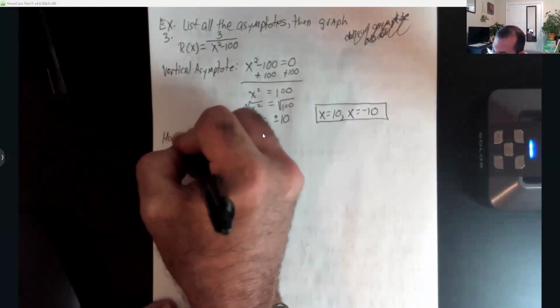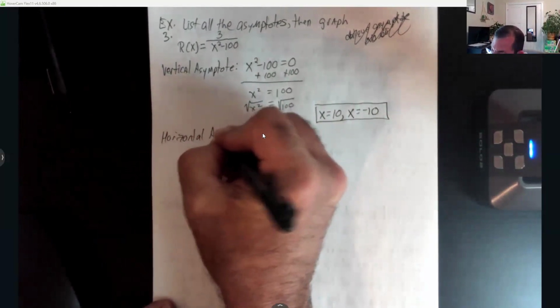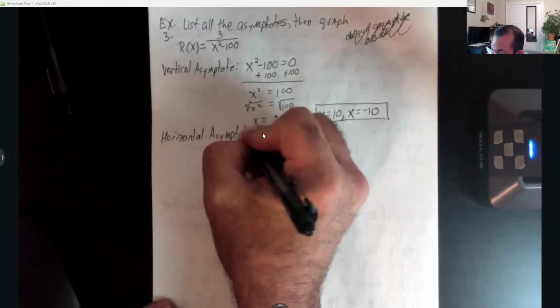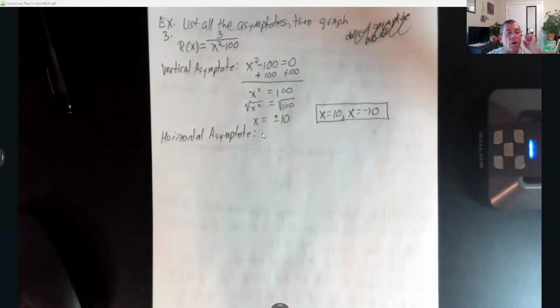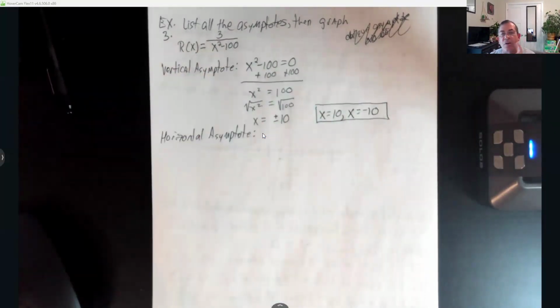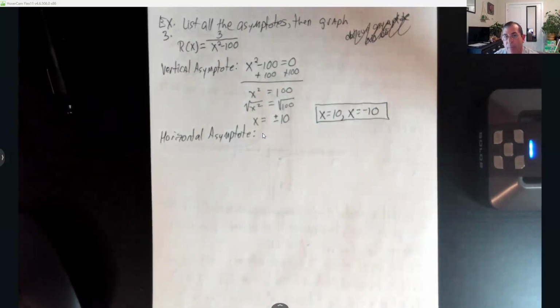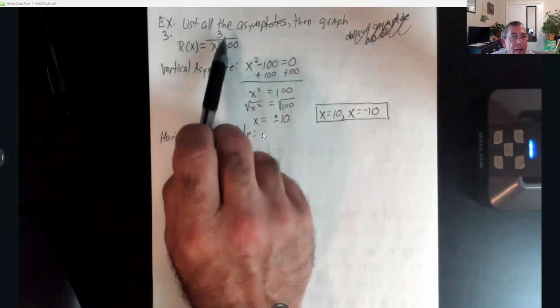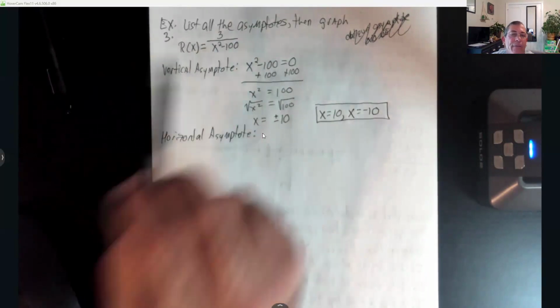All right, y'all, horizontal asymptote. So y'all, here's my function. Is the degree greater on the top? Is the degree greater on the bottom? Or are the degrees equal on this one? What y'all putting? So where is my degree greater?